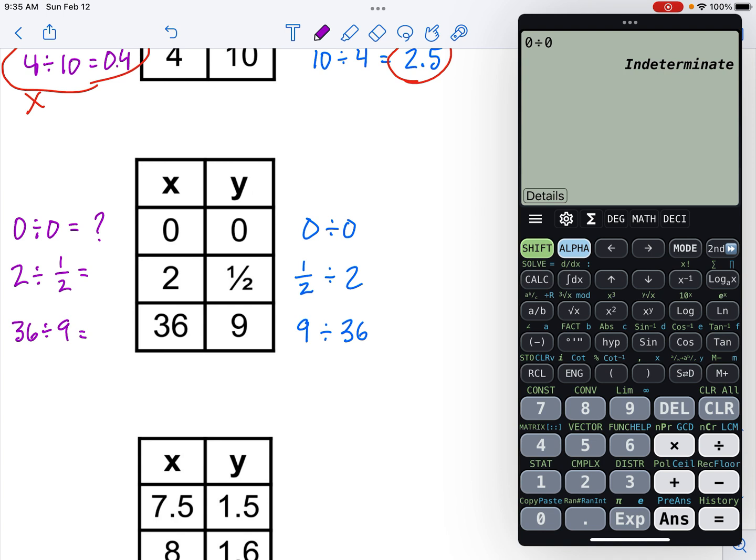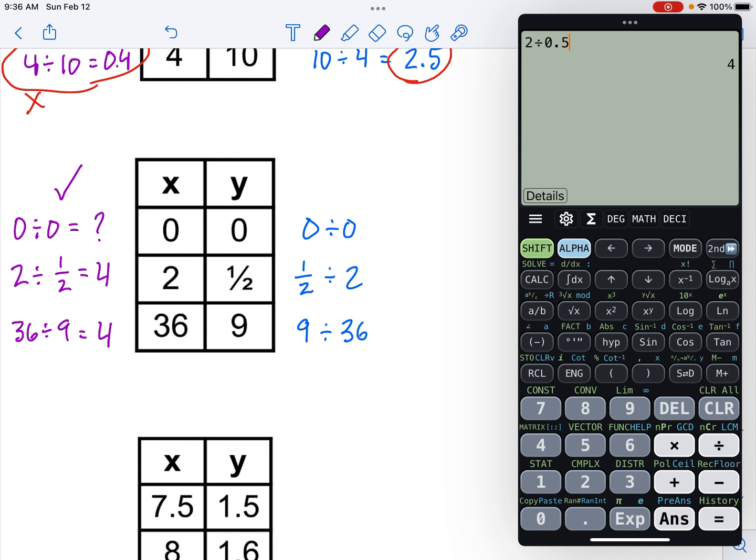2 divided by 1/2, you can use your calculator if you don't know what that is. 4. And 36 divided by 9, I know is 4. So actually this is proportional, because the ratio of x to y is always 4.